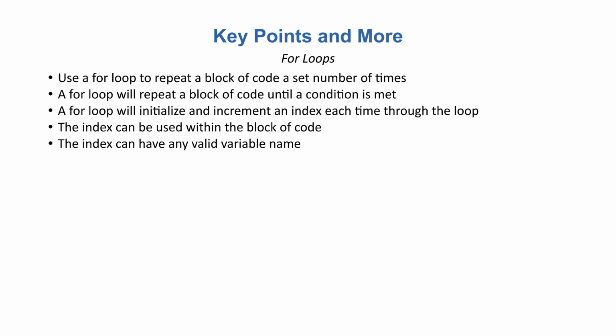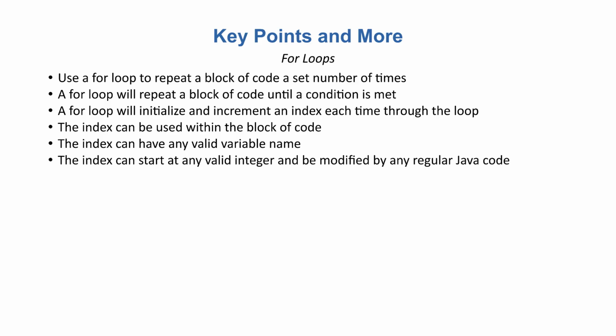The index for the for loop can have any valid variable name. However, if the integer doesn't represent anything more than a counter, programmers usually name it I. I stands for index. The index of a for loop can start at any valid integer and be modified by regular Java code.